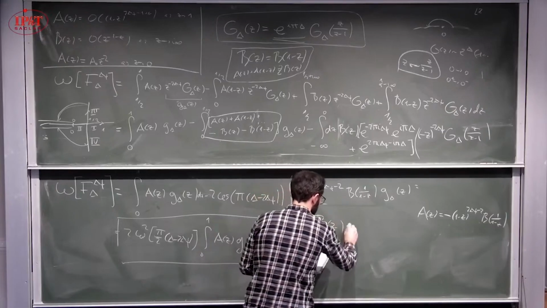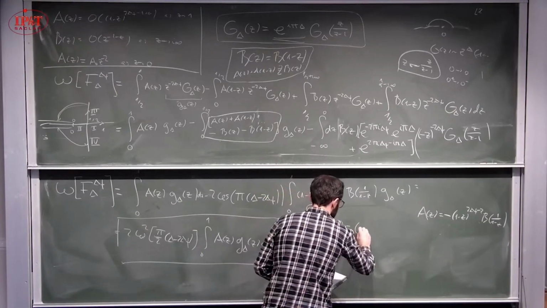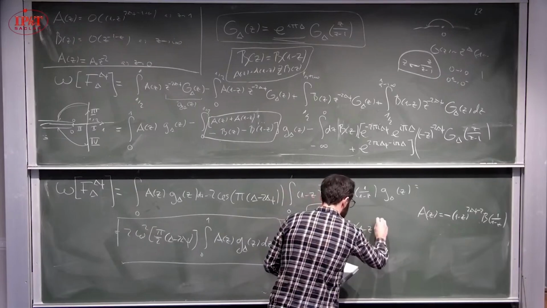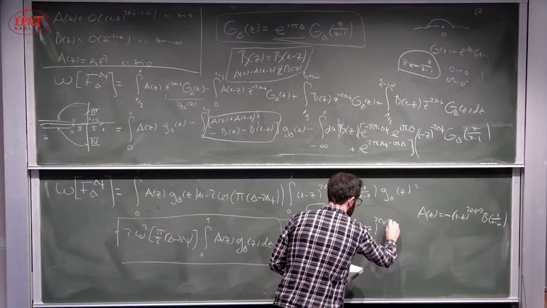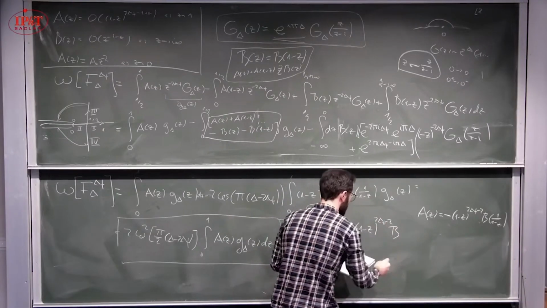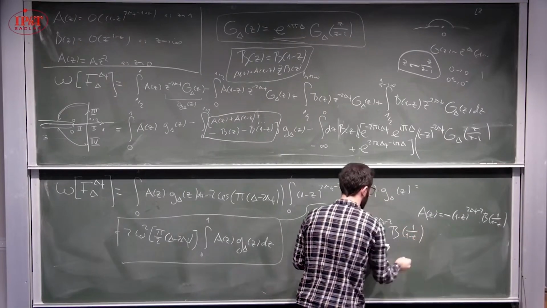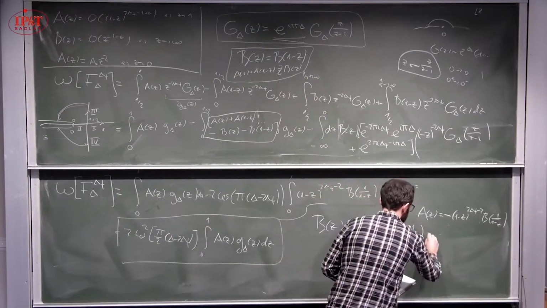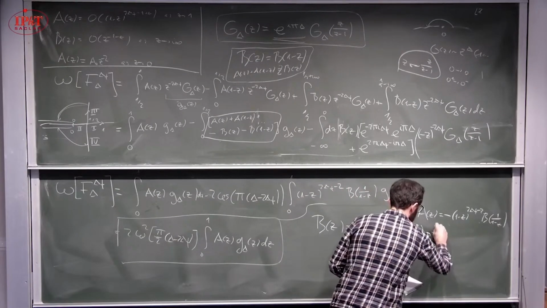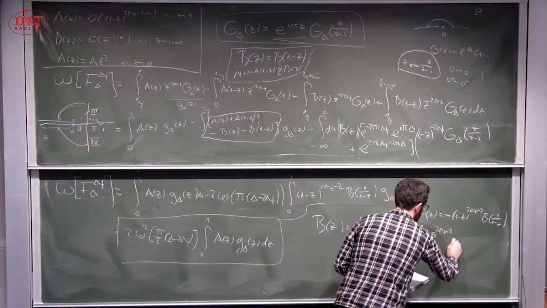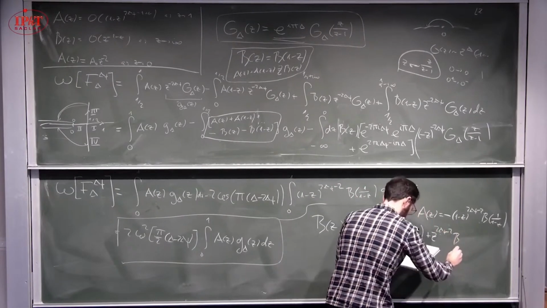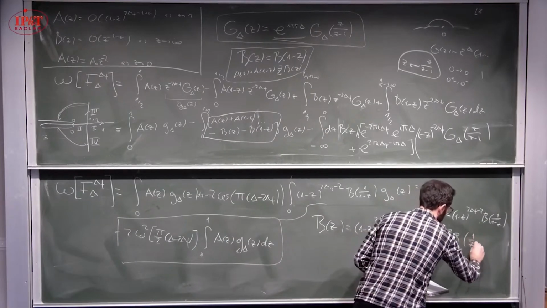b of z equals 1 minus z to the 2 delta phi minus 2 b at 1 over 1 minus z plus z to the 2 delta phi minus 2 b at 1 over z.